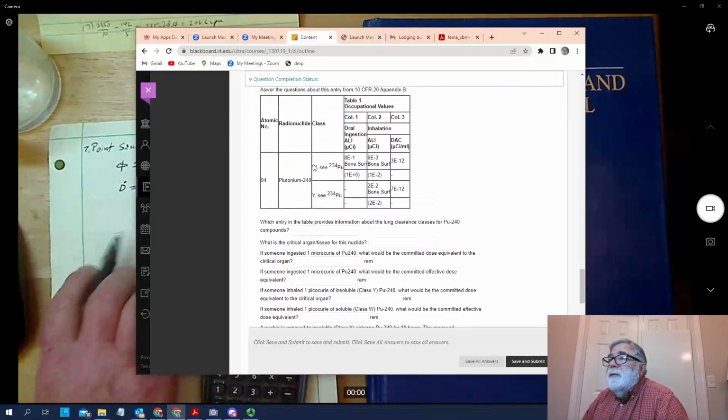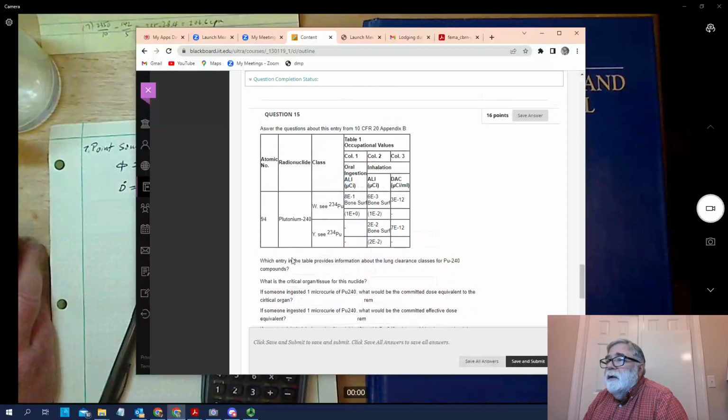Question 14: which entry do I need to go to find out information about the lung classes? This is what I was looking for. You have to go to plutonium-234 to find out which compounds are W and which compounds are Y. So that's what the question was intended to ask: where do you go on the table to find out information about what compounds to include here?